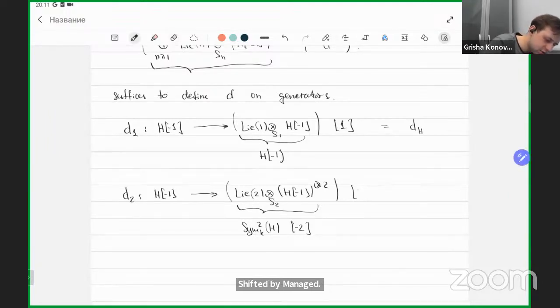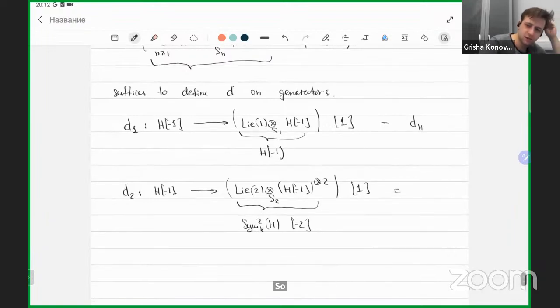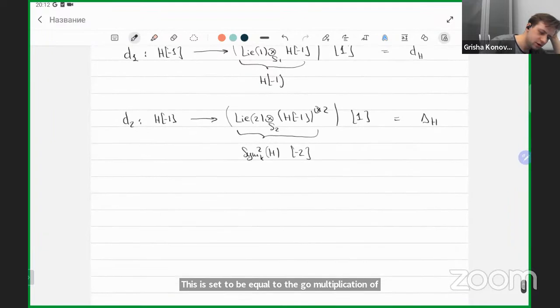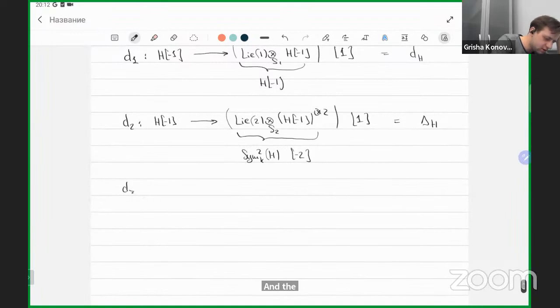Sorry, here's one, not two. So this is said to be equal to the co-multiplication of h, and the rest is said to be equal to 0. And again, an exercise: this differential squares to 0.